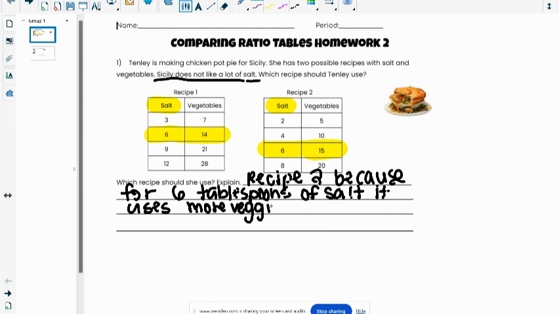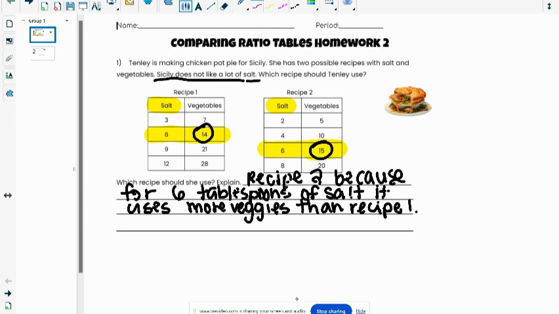Shorten it to veggies. Than recipe 1. One way to make this explanation even a little bit better is to use those actual numbers. So recipe 2, because it uses 15 cups of vegetables, or tablespoons of vegetables, 15 parts of vegetables, and recipe 1 only uses 14. So to make an explanation better, you would just add those numbers into your explanation as well.